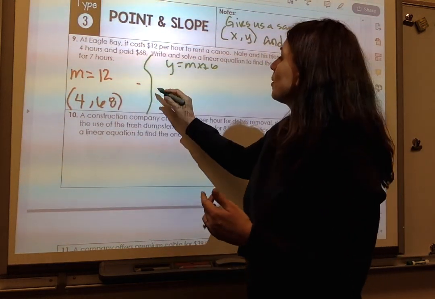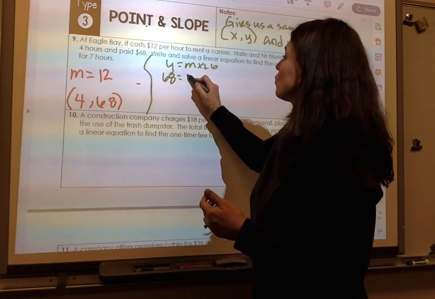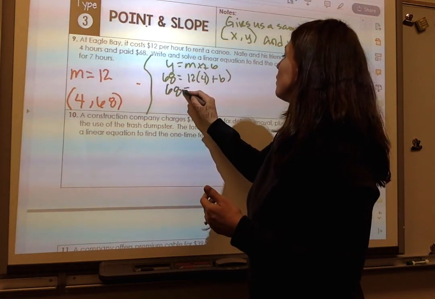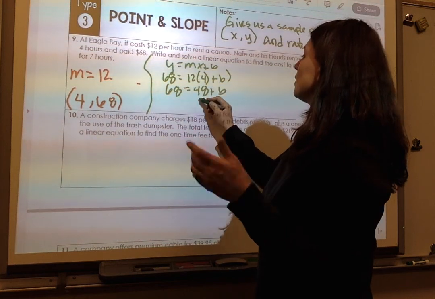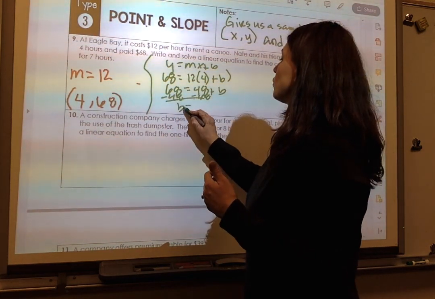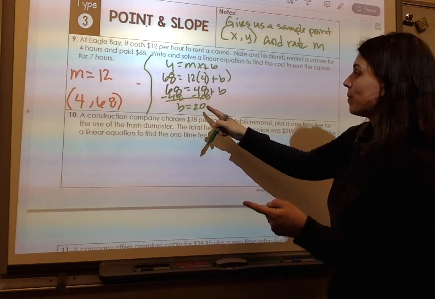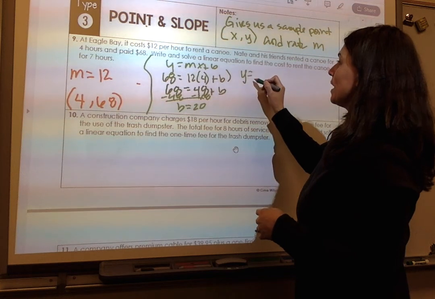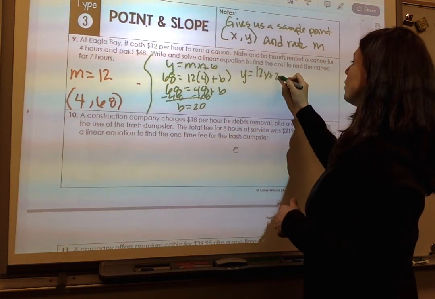So here, I'm going to do 68 equals 12 times 4 plus b, and I get 68 equals 48 plus b. Subtract 48 on both sides, and b equals 20. So my beginning point's 20, and my slope is 12, so my equation is y equals 12x plus 20.